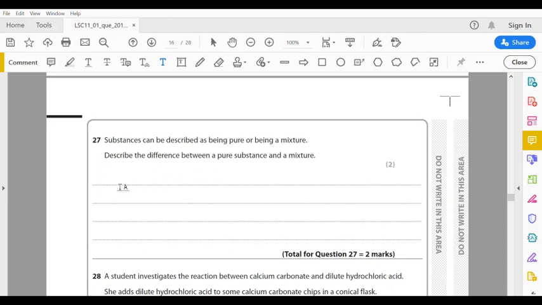Describe the difference between pure substances and mixtures. So pure substances always contain one type of atom or one type of molecule, and a mixture contains two or more different substances which are not chemically bonded together.